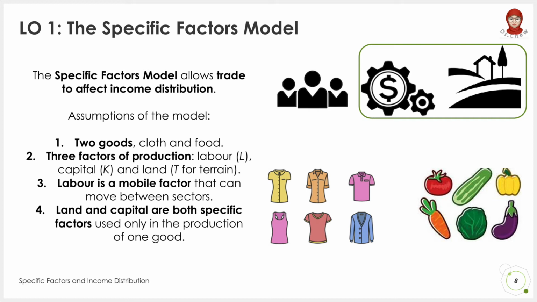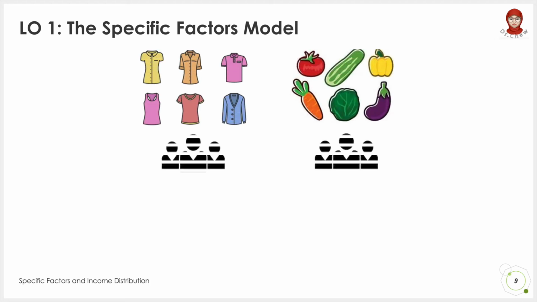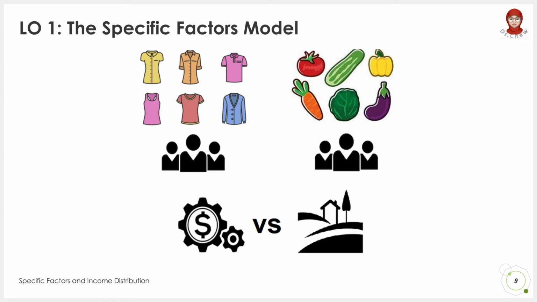Simply said, capital can be used either for food or clothes, but not for both goods. Same for land. It could be either food or clothes, but not both productions. Now we can summarize the four assumptions: only labor can be used in either the cloth or food sector, and each sector has to decide which additional specific factor it will use in producing its goods.